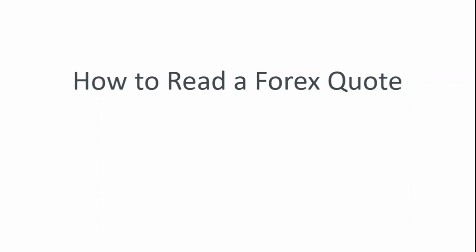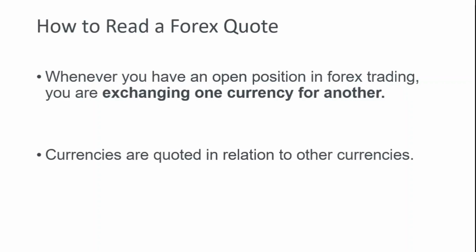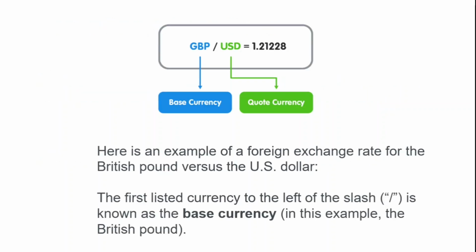How to read a Forex quote. Whenever you have an open position in Forex trading, you are exchanging one currency for another. Currencies are quoted in relation to other currencies. Remember, we said in Forex trading we trade two currencies at a go. Let's say it's a US dollar or Japanese yen, US dollar or British pound, like that.